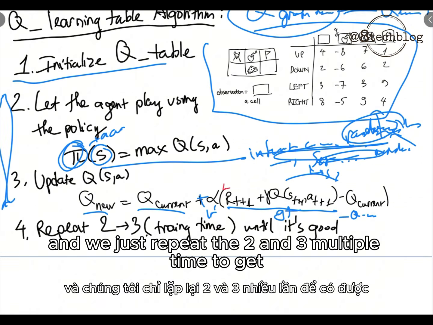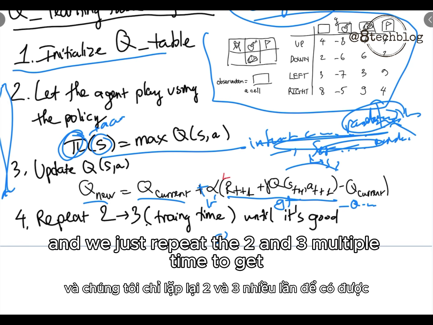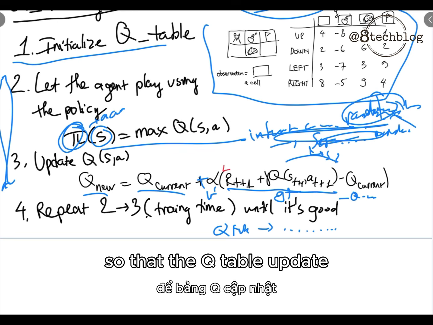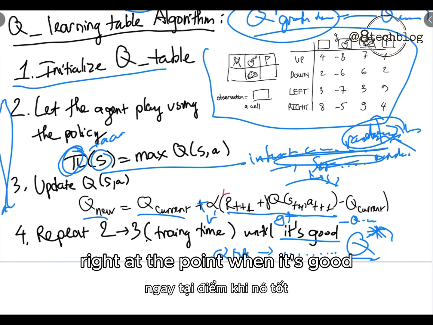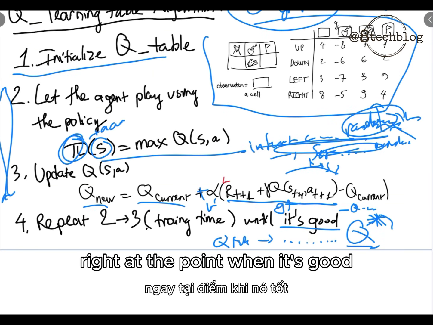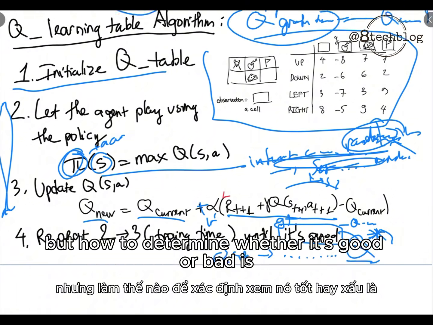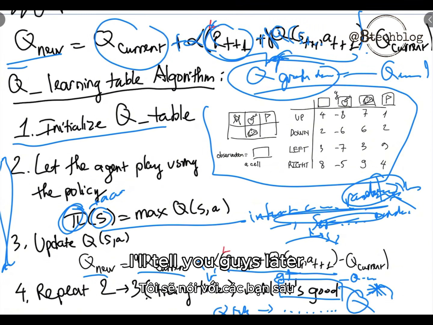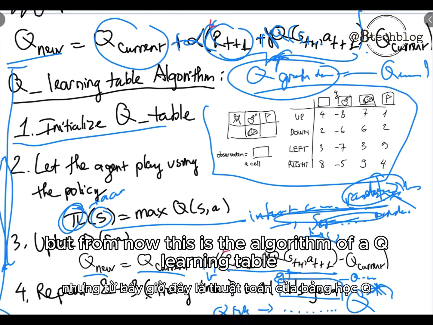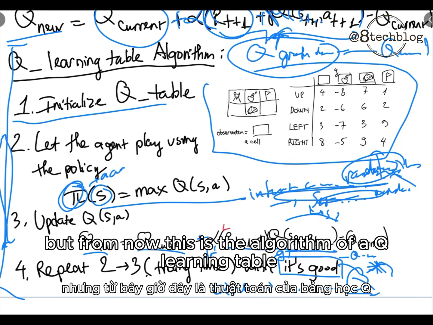Okay, and we just repeat steps 2 and 3 multiple times so that the Q table updates time by time until the Q star, at the point when it's good. But how to determine whether it's good or bad is a complicated topic. I'll tell you guys later, but for now this is the algorithm of the Q learning table.